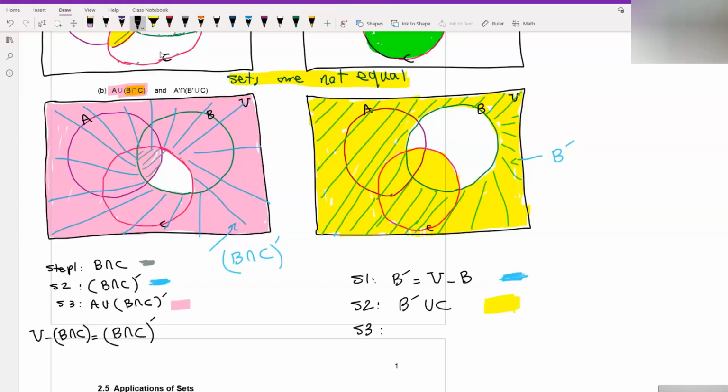Now step three, we have complement of A, so we have to find this one.